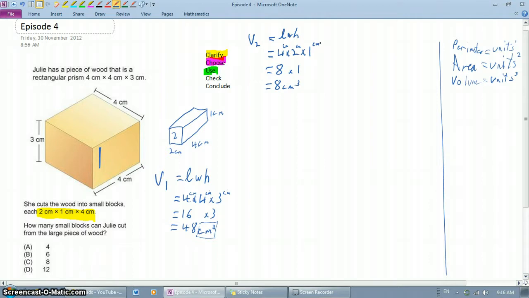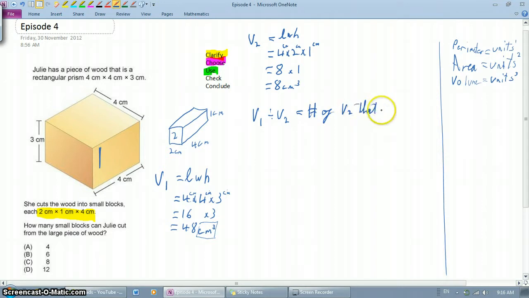Now thinking about it, if I have a large volume and I divide it by the small volume, that should give me how many of the smaller prisms, the volume number 2, can fit into V1.